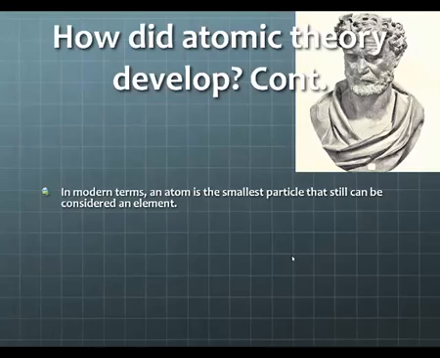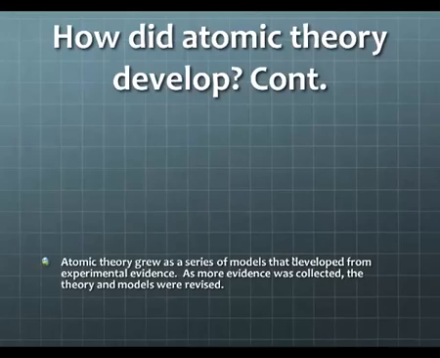So the atomic theory grew as a series of models that developed from experimental evidence. We took some experiments and we built models. And then we performed new experiments and adapted those models. As more evidence was collected, the theory and models were revised, and they became more correct based on the evidence presented in new experiments.